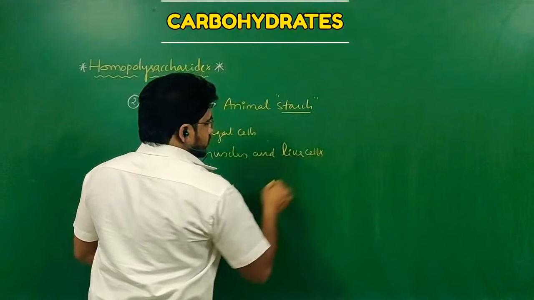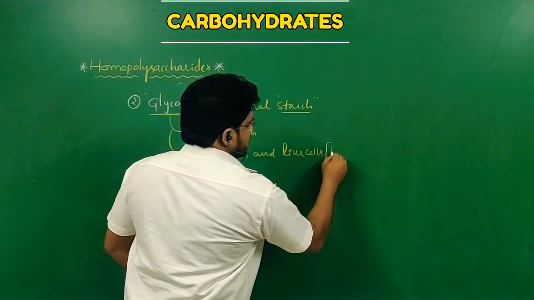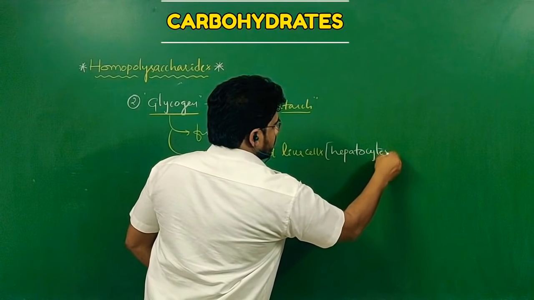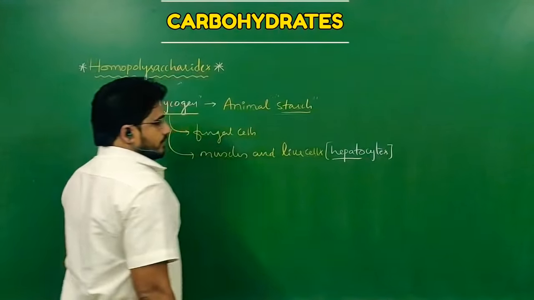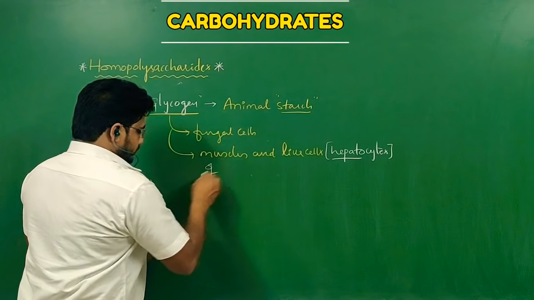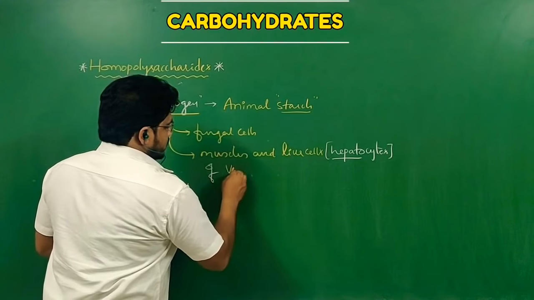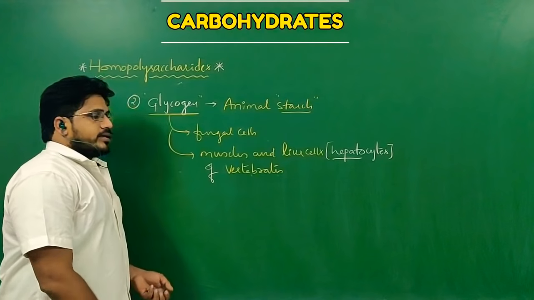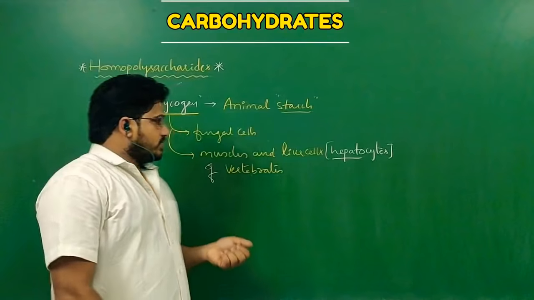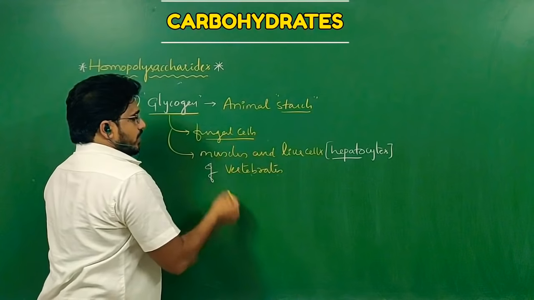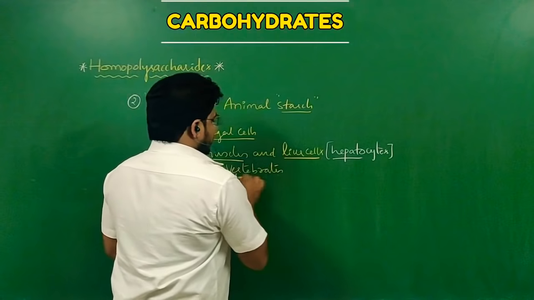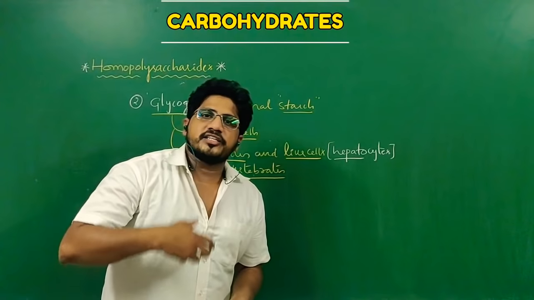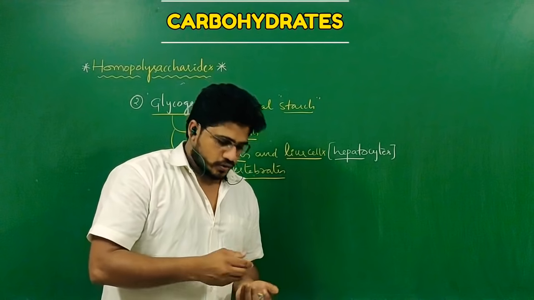Liver cells are also called hepatocytes. Hepato means liver. Where does glycogen exist? In fungal cells, and in muscle cells and liver cells of vertebrates. Glycogen is an energy source for glucose.